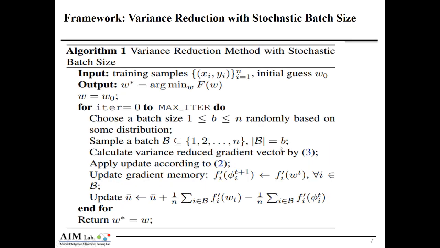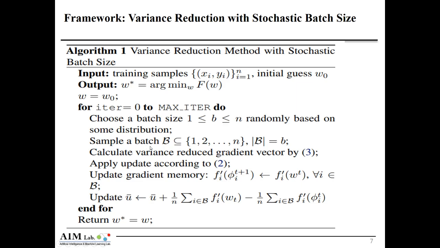Put this into the complete algorithm. We get this. Here we have n training sample and initial W0. We want to find W that minimize f function. For each iteration, we choose a path size randomly based on some distribution.